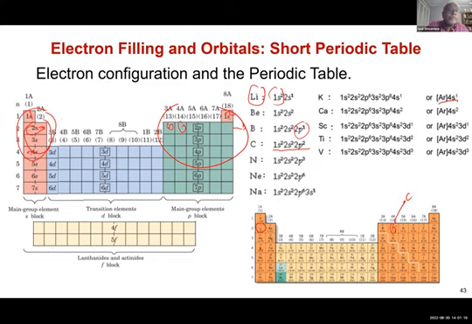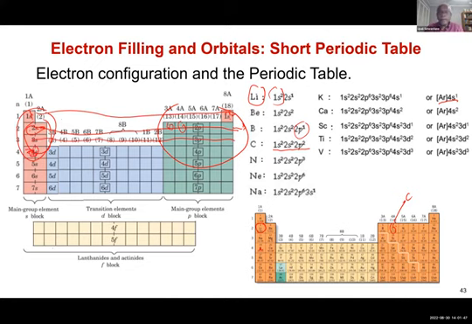So when you do potassium, you do 1s2, 2s2, you move from here to here, move from here to there, and move from here to there, and end up right here.